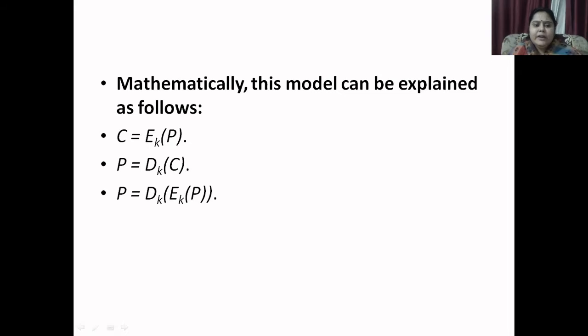Now, the security of the above method of encryption depends on how powerful the algorithm used for encryption and decryption is. More importantly, the security of encryption depends on the secrecy of the key and not on the secrecy of the algorithm.